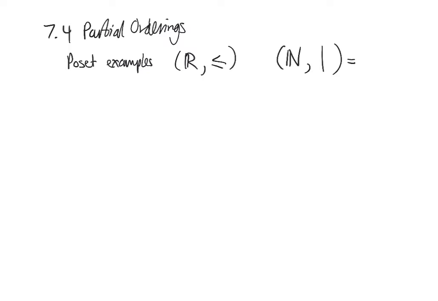I could have also said the set of positive integers with the divides relation as my expression of the PO set. What are some other examples we have? There's one example that involves sets. So let's make up a new example.